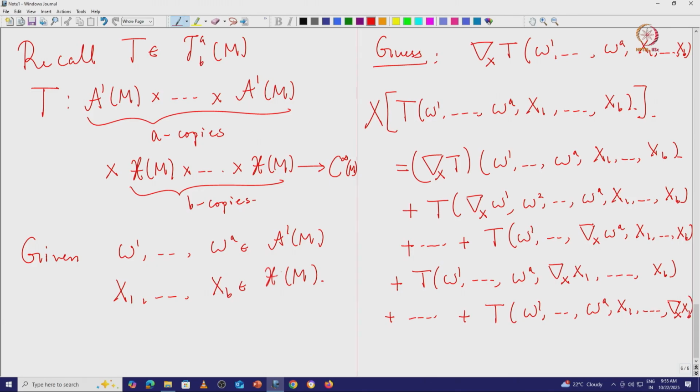Okay. So this is the most natural Leibniz rule, but then again, as we did with one forms, one can turn it around to actually define this quantity.